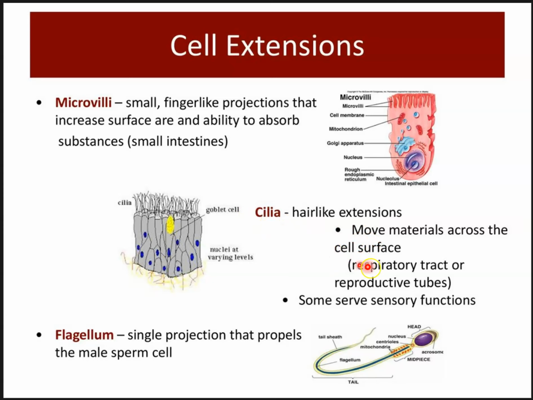They're present in the respiratory tract. Cilia are present in the upper respiratory tract, and due to their presence, the lower respiratory tract does not get infected, because these hair-like structures known as cilia trap all the dust and debris and prevent the lungs and the lower respiratory tract from infection.